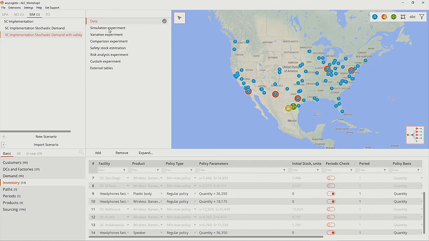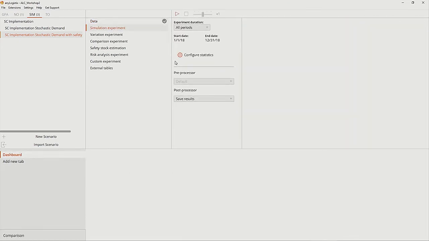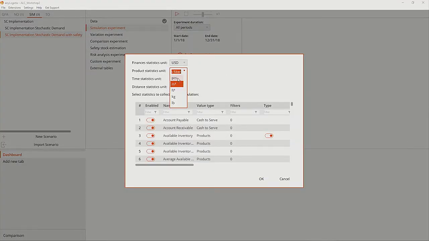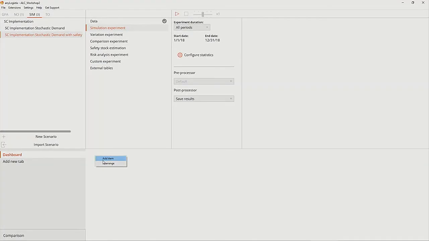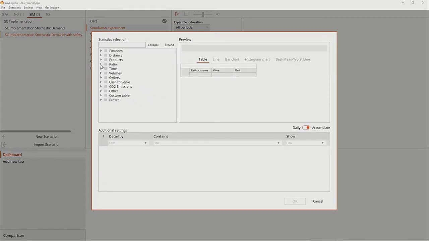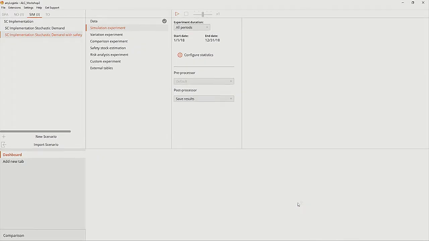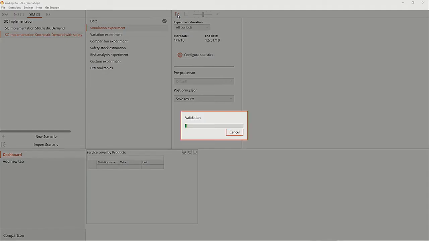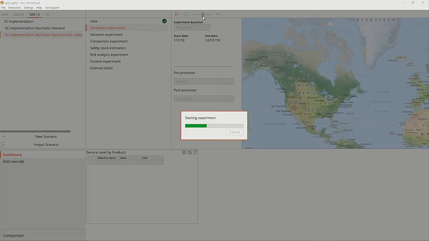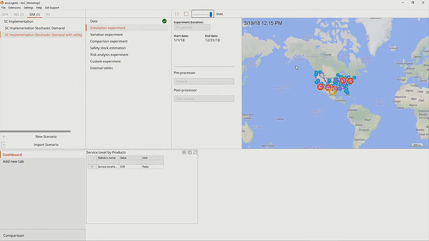So let us run simulation again, and I will add service level statistics. So the model stopped, and we see that our service level is 98% now.